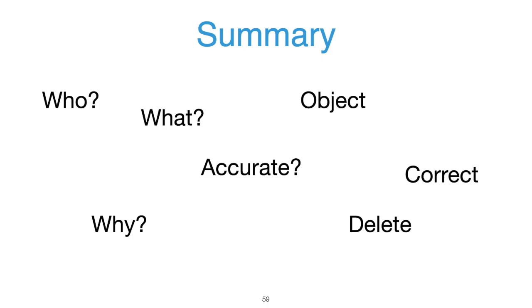So, in summary then, data subjects are entitled to know who is storing information about them, what information is being stored, why it's being stored, and for how long. They are also entitled to assess the accuracy of that information, and if they're not happy, they can object to the storing of the information.